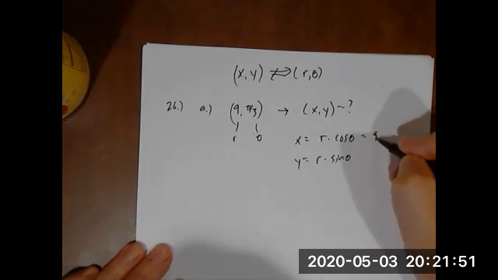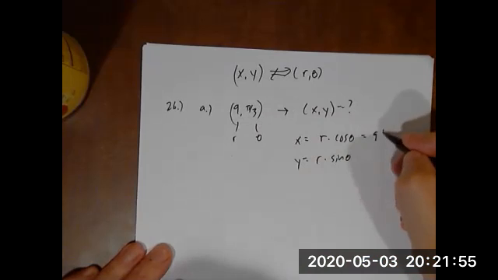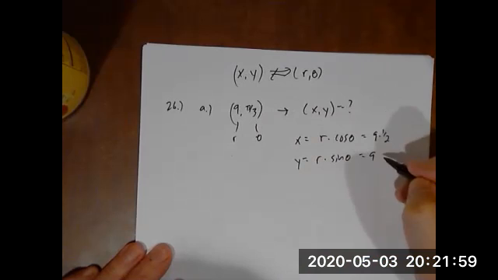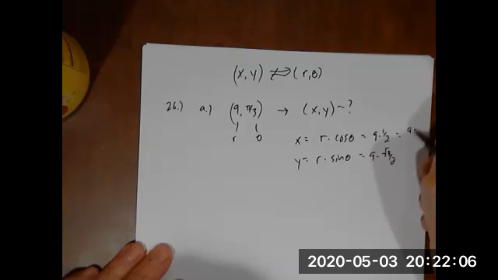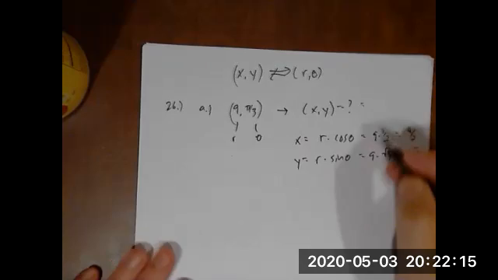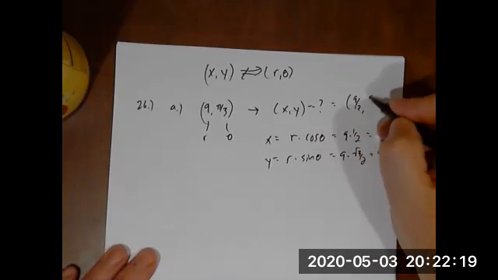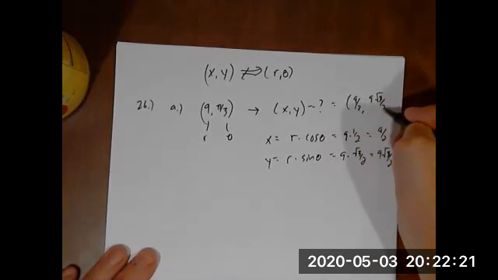So r is 9. Cosine of pi over 3 is 1/2. Y, sine of pi over 3 is square root of 3 over 2. So it looks like 9/2 and 9 square root of 3 over 2. So the x is 9/2 and the y is 9 square root of 3 over 2.